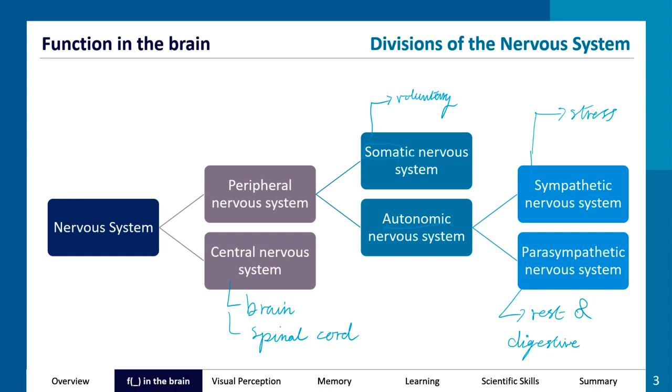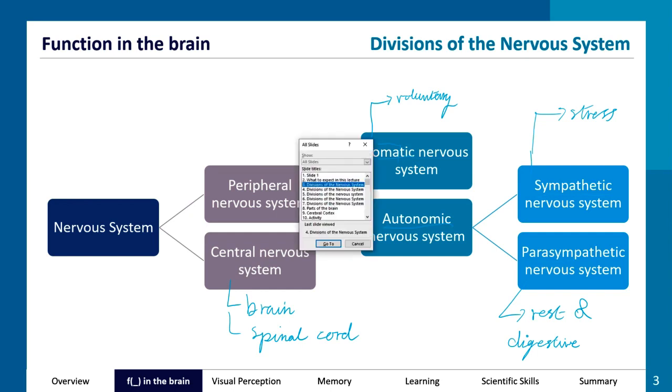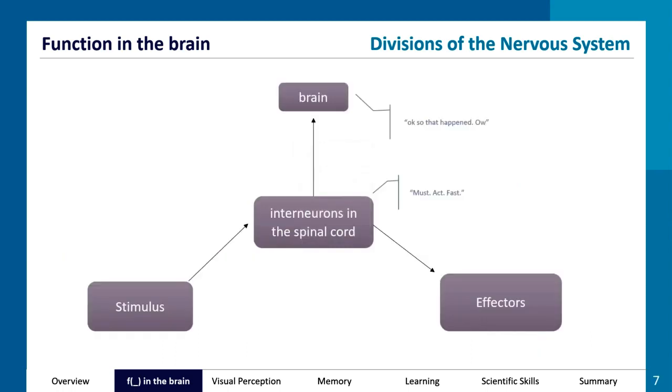Now I'm going to jump back to the central nervous system and talk a bit about the brain and the spinal cord. First off, looking at the spinal cord, one of the things it does is initiate the spinal reflex. In the spinal reflex, we have some harmful stimulus, and the message about that is sent through the peripheral nervous system.